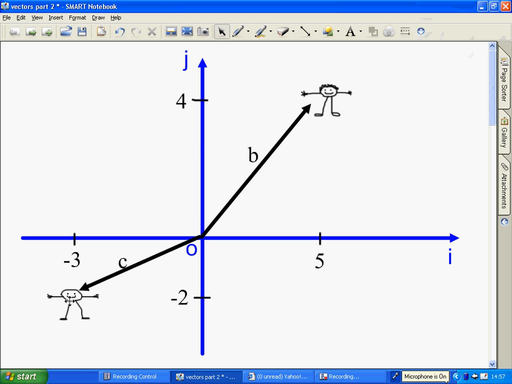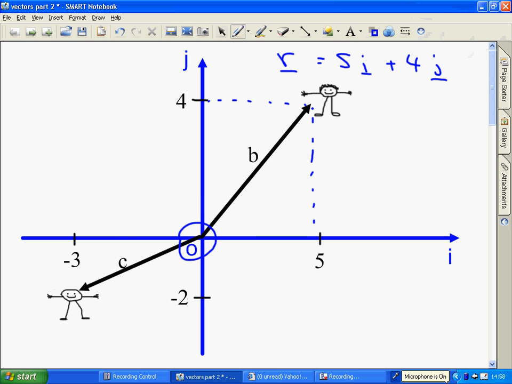Okay, so if we look at something called the position vector, that is denoted by the letter R underlined because it's a vector, and the position vector is the position of something relative to the origin, O. Bob's position vector here is 5i plus 4j.